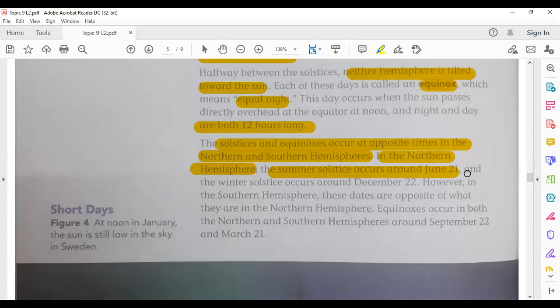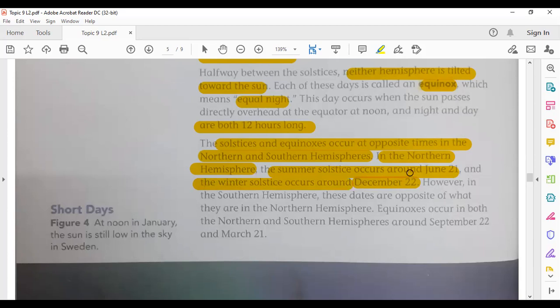So we have two solstices, the summer solstice and the winter solstice, which happens on December 22. On December 22 we have winter solstice in the northern hemisphere. On this day, we have the shortest day and the longest night.